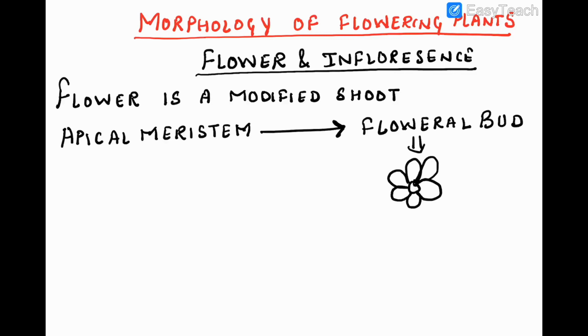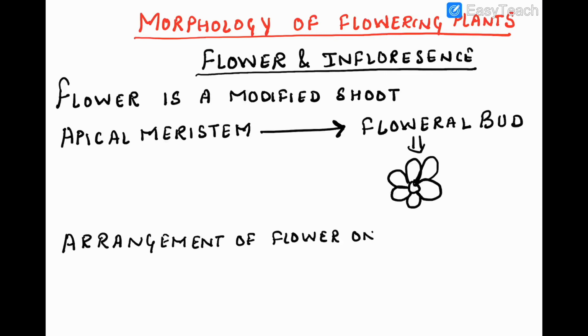Now, the arrangement of flowers on the floral axis is called inflorescence.